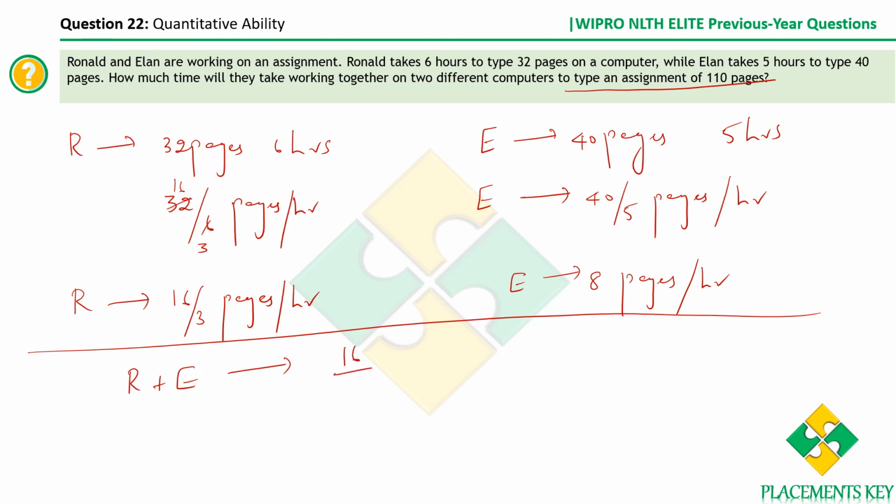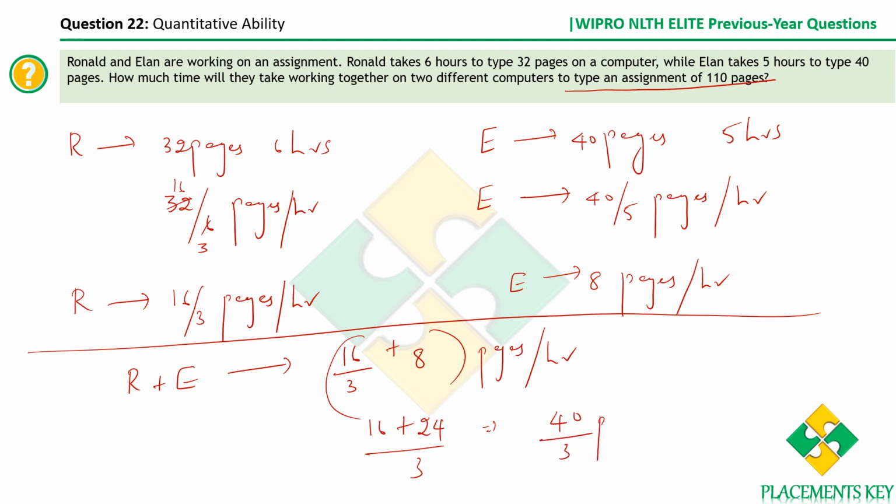They can type 16 by 3 plus 8 pages per hour, which is, let's simplify it, 16 plus 24 upon 3 pages per hour, which is 40 by 3 pages per hour.